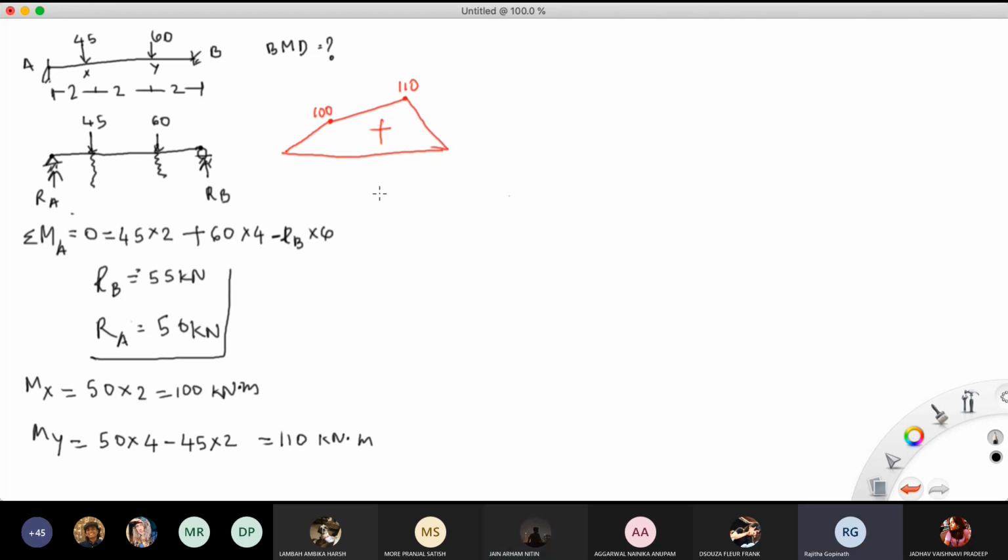All right. So now we already know the formula for MA, if the loading is eccentric, right? That is W a b square by L square, and MB is equal to W b a square by L square. Okay? So this is the fixed end moment formula, right?